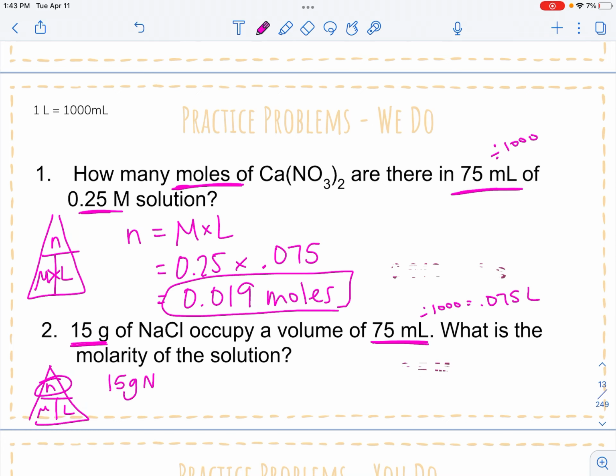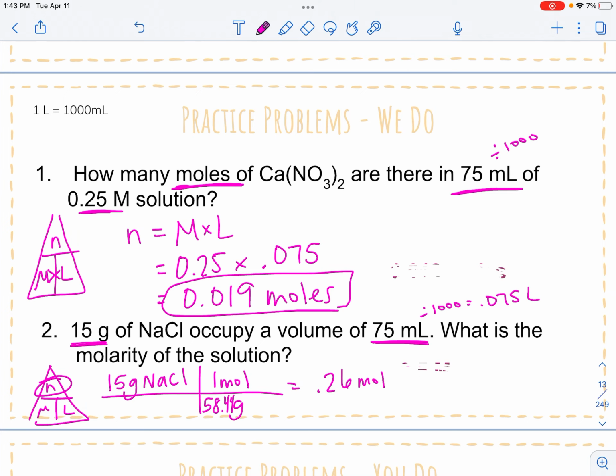So if we start with 15 grams, I can find my molar mass of NaCl per 1 mole. Then when I divide, I end up with 0.26 moles.